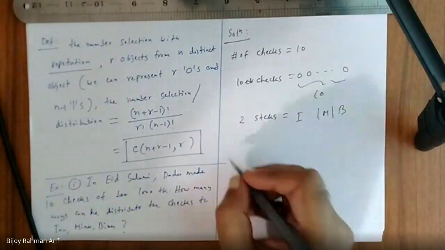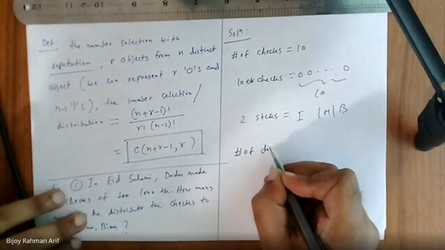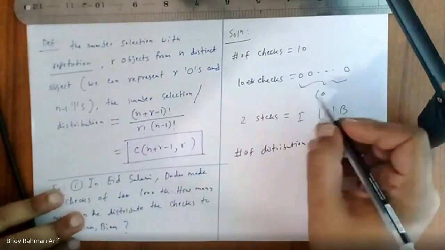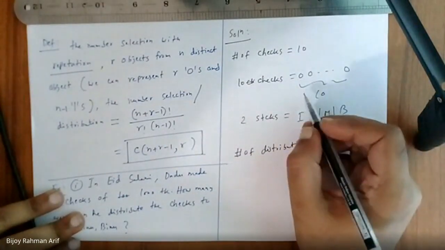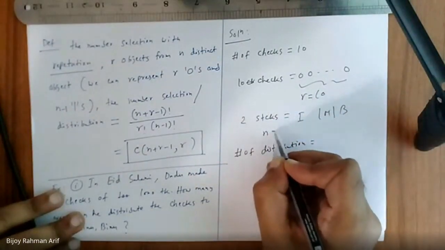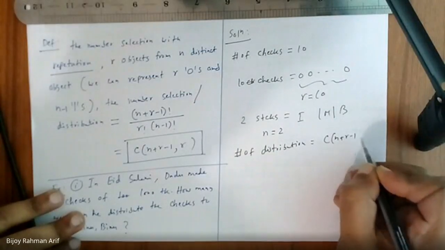Formula. So number of distribution: this is nothing but R equal to 10, and N equal to 2. The distribution is C(n plus R minus 1, R).